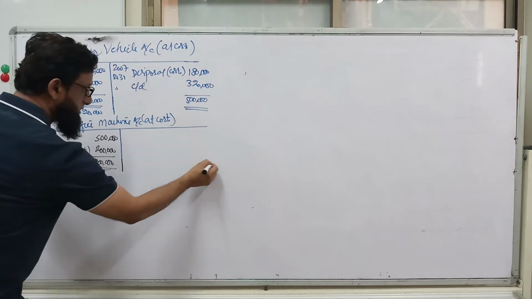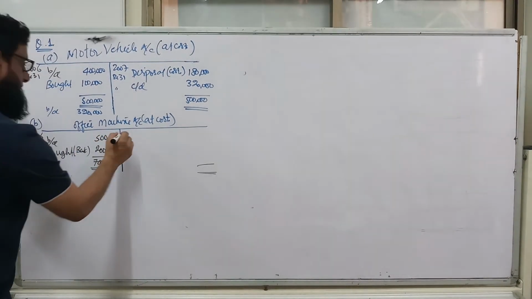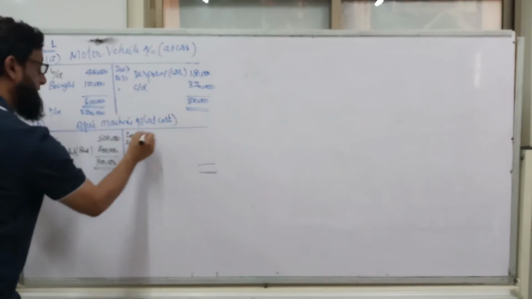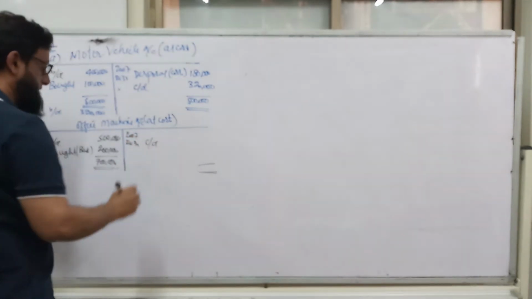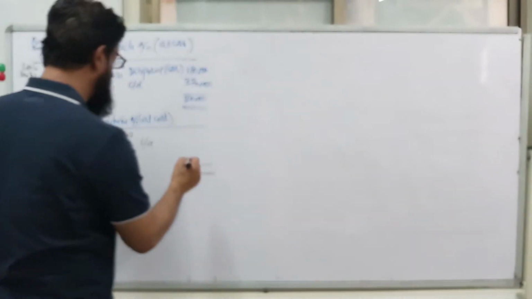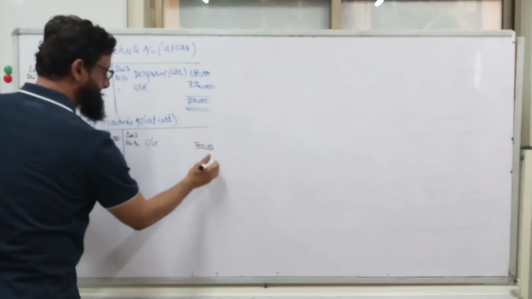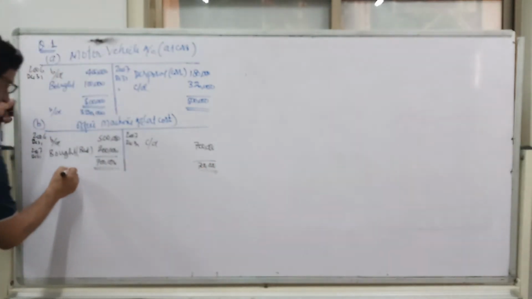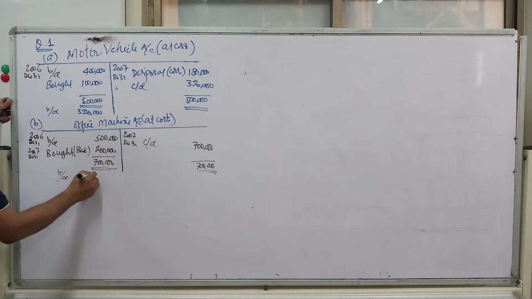But no office machine was sold at the end of the year. In 2007 December 31st, no disposal. The same will be recorded as a balance carried down, 700,000. And balance brought down.